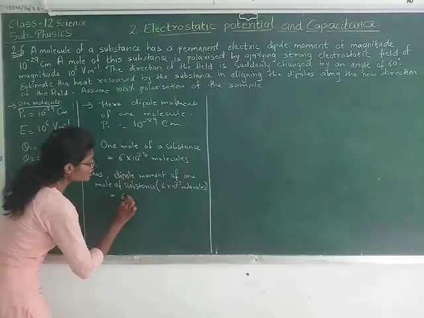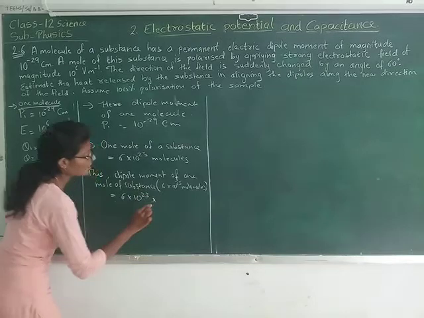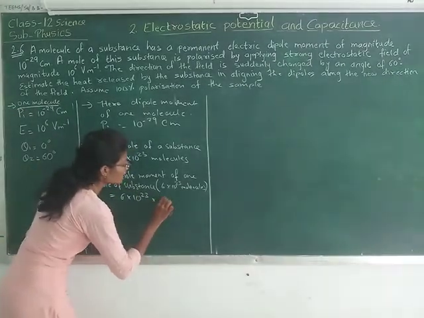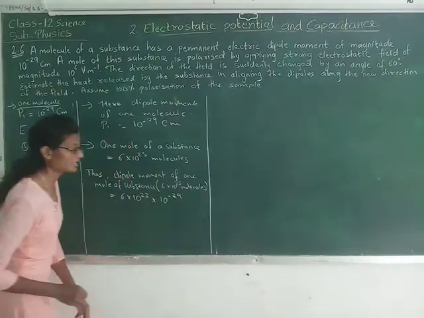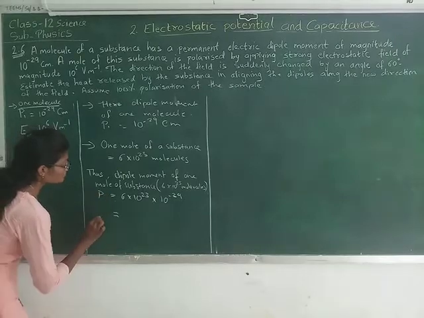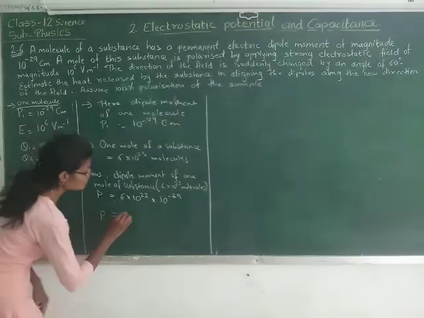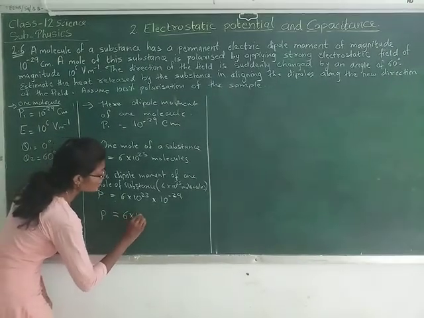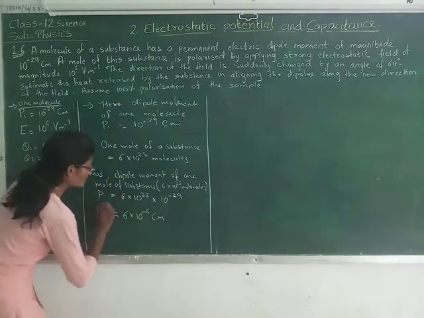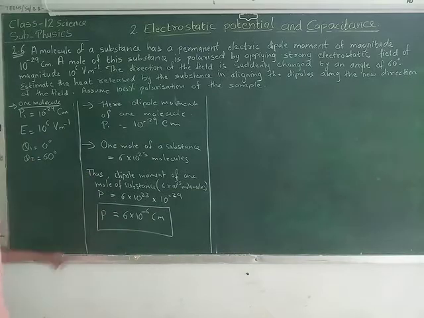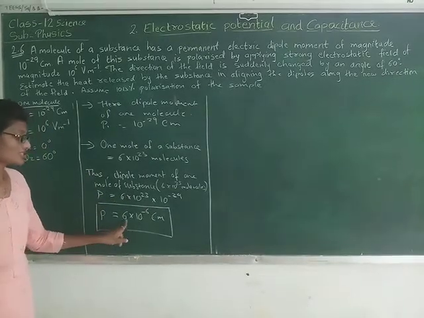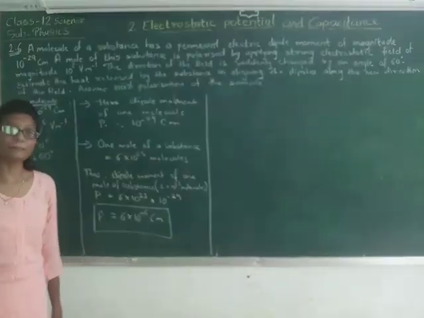That is 6 into 10 is to 23 into dipole moment of single molecule, that is 10 raised to minus 29. Right? When we calculate this, let us denote this by P. That is equals to 6 into 10 raised to minus 6 coulomb meter. Okay. So now we got the dipole moment for 1 mole of a substance, which is 6 into 10 raised to minus 6 coulomb meter.